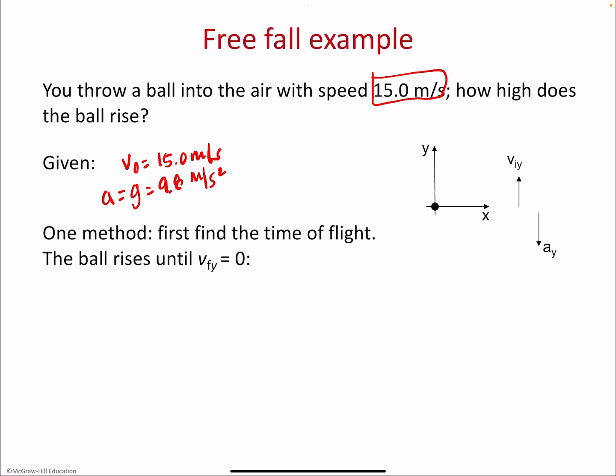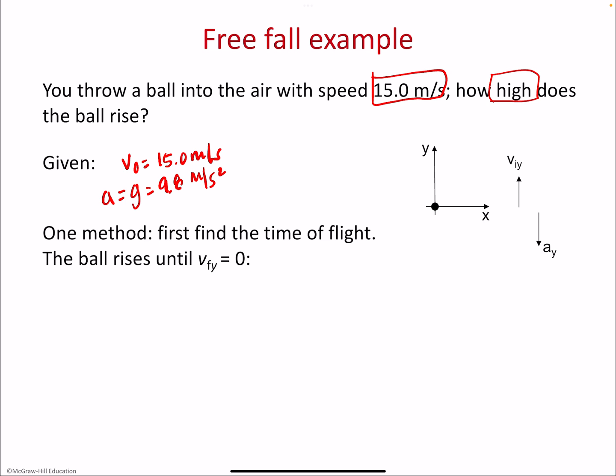Okay, and this is actually wanting us to find what? It says how high. So what is that? That's a distance. What is the symbol that we've been using for distance so far? X. But if we're talking about how high something is going, we need to change that to what?